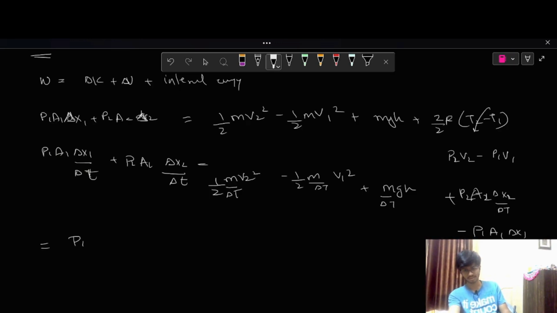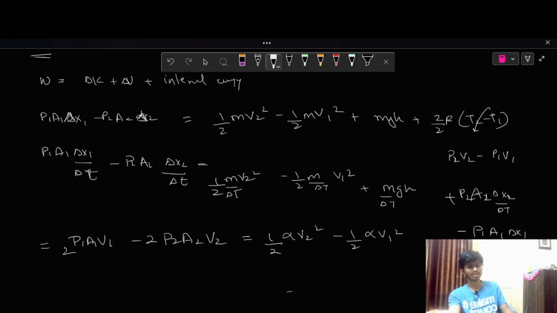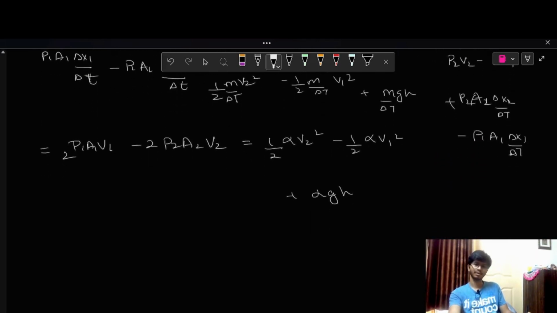So basically P1 A1 v1 minus P2 A2 v2 is equal to half alpha v2 squared minus half alpha v1 squared plus alpha gh.